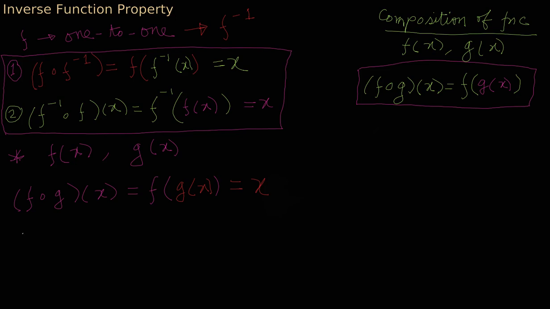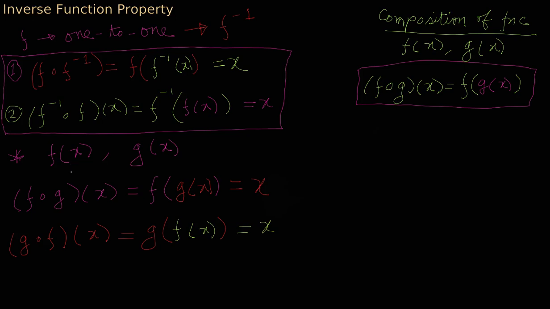Now I also found that the composition of function g with function f, by definition is equal to, this time my function g is the outer shell, and in the inner shell I have my f(x), and I found that this is also equal to x. So let's regroup ourselves.